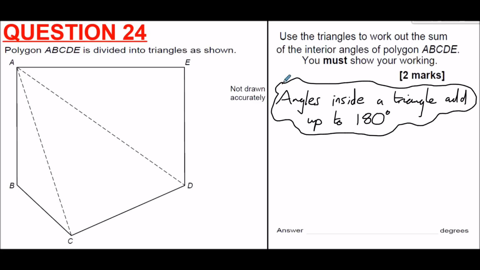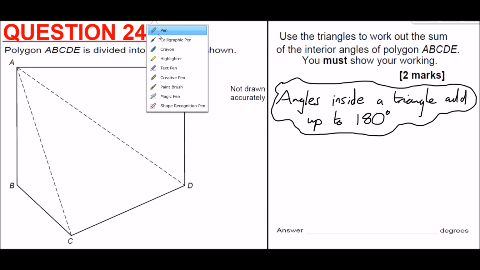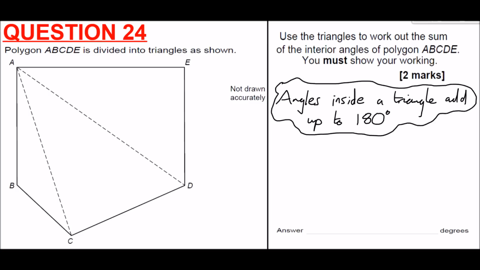And so this diagram is a five-sided shape. And in fact, we can imagine any shape at all, any polygon, as a number of triangles glued together. So I'm just going to very roughly colour these ones in. So we can think of a five-sided shape as being three triangles just glued together.